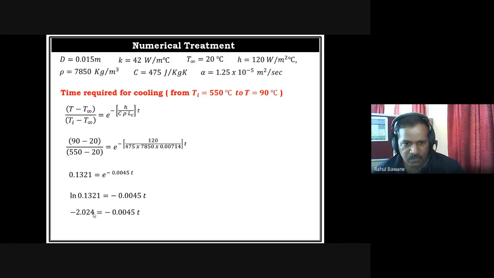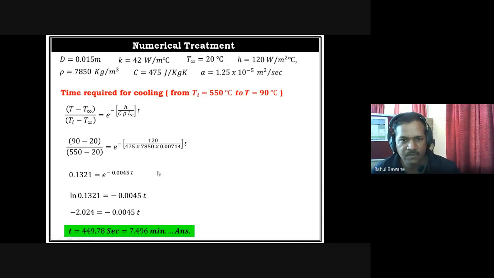So now shift the remaining terms and find out the time. Remember, whatever the time in any kind of formula, that time is always in a basic unit, and the basic unit for time is a second. So this time comes in seconds, 449.78 seconds. Later on you can change into minutes or hours or days, whatever the requirement.